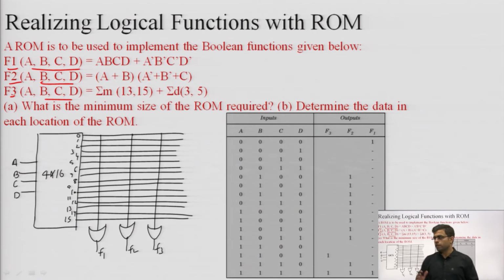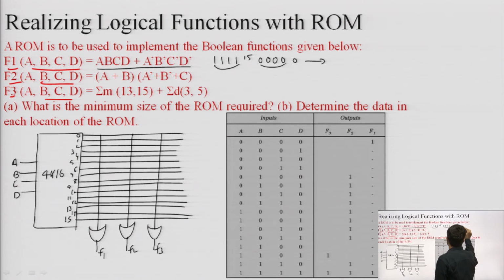From that outer picture we can see that F1 will give me 2 minterms corresponding to A, B, C, D, that means 1, 1, 1, 1 and A bar, B bar, C bar, D bar, that means 0, 0, 0, 0. So, this becomes 0 and this becomes 15.